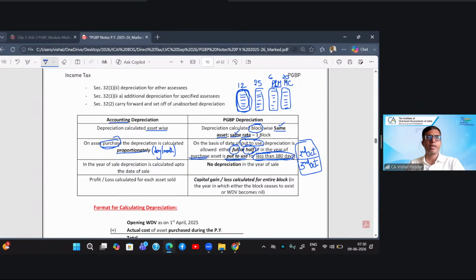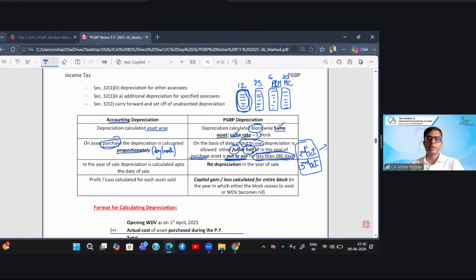Now see, we will generally be getting sums of 25-26 only, which is our relevant previous year. And this year is not a leap year. So for us, the cutoff date is 2nd October. Now, what you have to see? You have to see the put to use date given in the question. If the put to use date is after 2nd October, simply you should know you will be taking half depreciation.